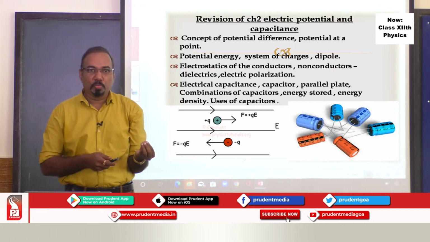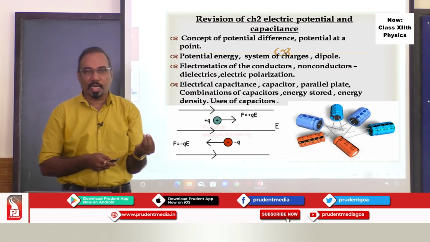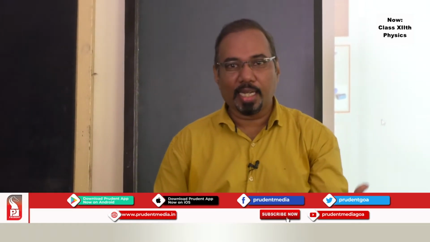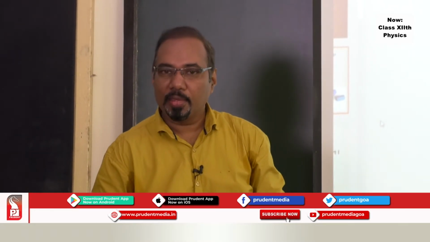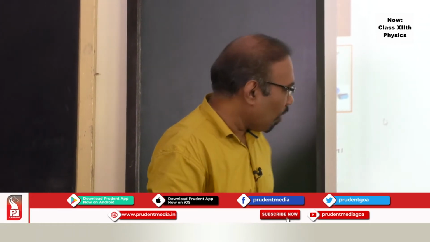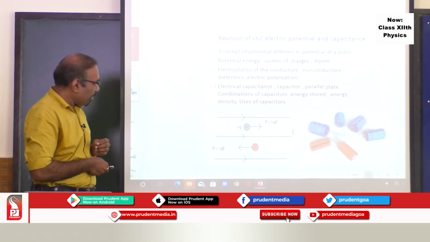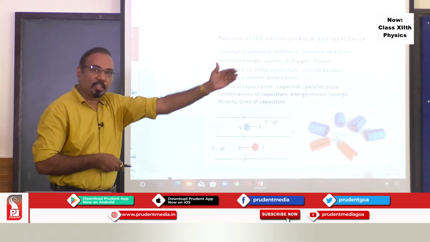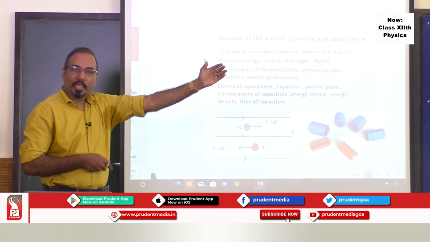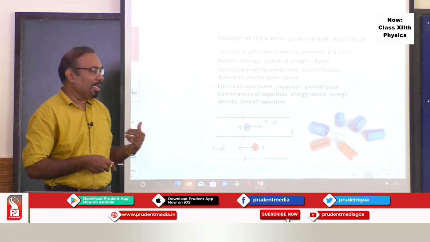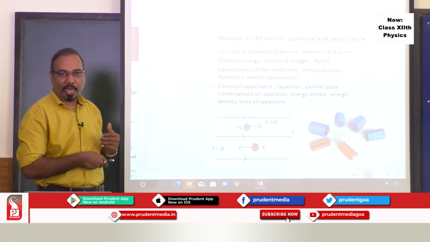But if you want to throw it against the direction of gravity, then you have to do some work, and that work done is stored as energy. It will rise to some height and then it will fall. Likewise, if I fire a minus q charge in the direction of the electric field, it will travel some distance, stop, and then move again against the direction of the electric field.